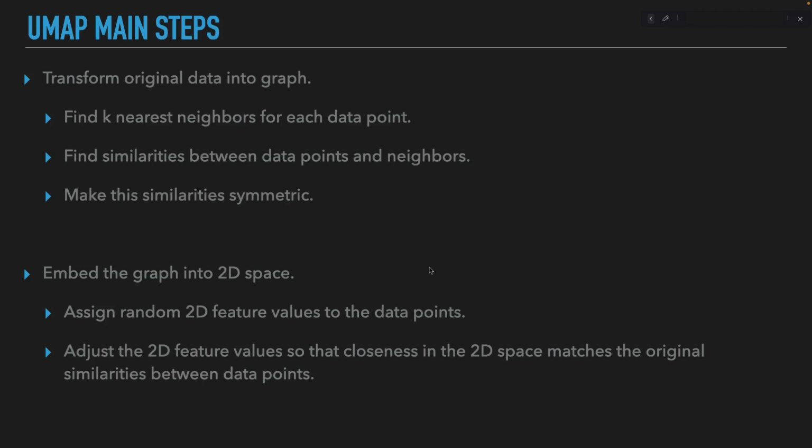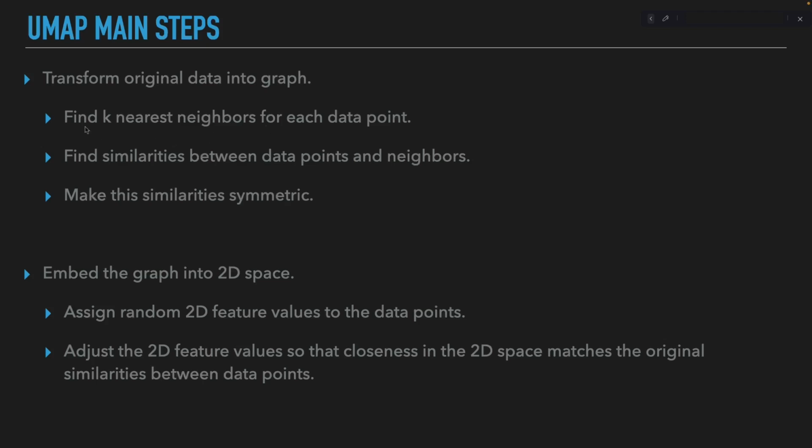And with this out of the way, I want to shed some more light on these two main UMAP steps. I want to enumerate the main sub-steps in order to give you a better overview of the UMAP big picture. As you know, the first step includes transforming the original data into a graph. This step has several sub-steps.